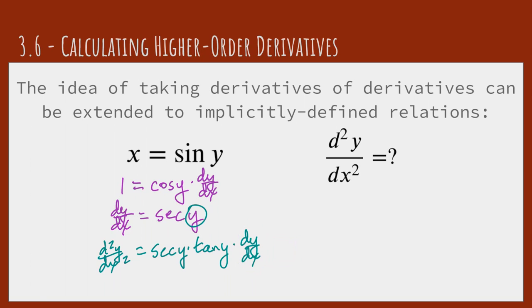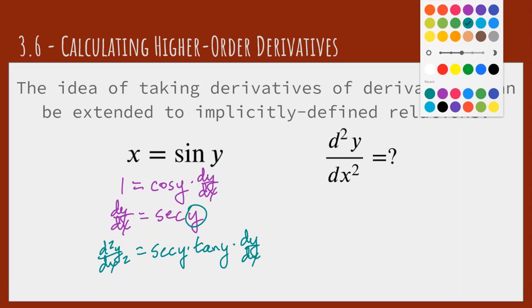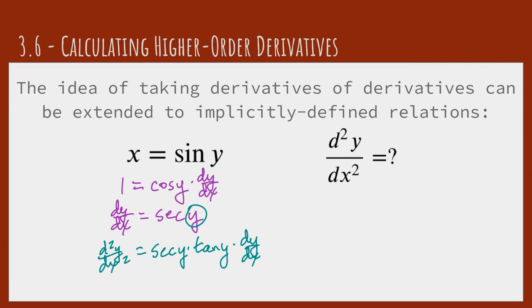And the one kind of tricky thing here is that we don't want to leave that first derivative as part of our answer if we can avoid it. And we do know what the first derivative is, so we can replace dy dx with what we found for dy dx in the first step of this problem. So this is going to equal, replacing that with secant of y, we're going to have secant squared of y times the tangent of y.